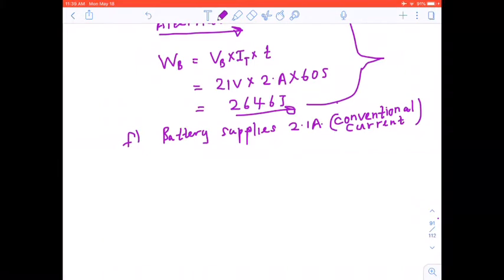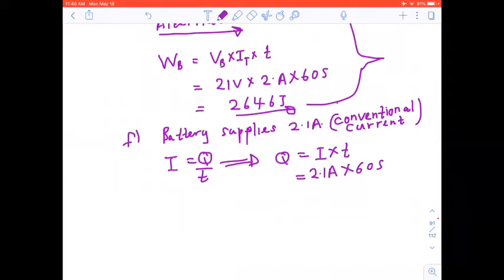So we know that I is equal to Q upon T, which means Q is equal to I times T. If we look at the current, it's 2.1 amps, and for 60 seconds, that would mean it gives 126 coulombs.